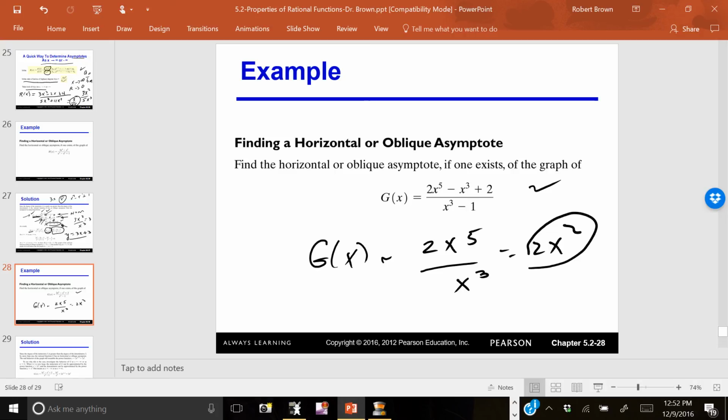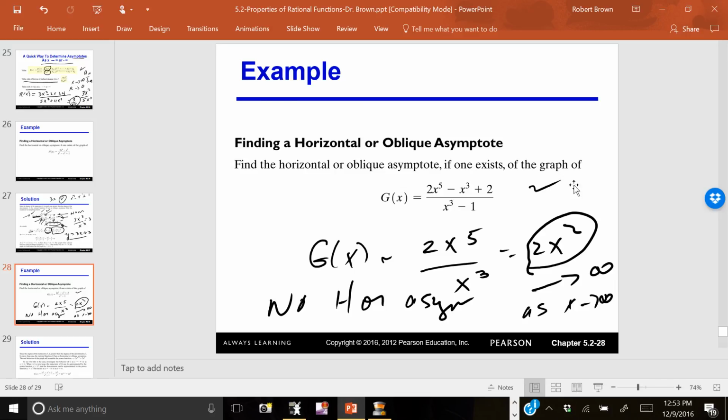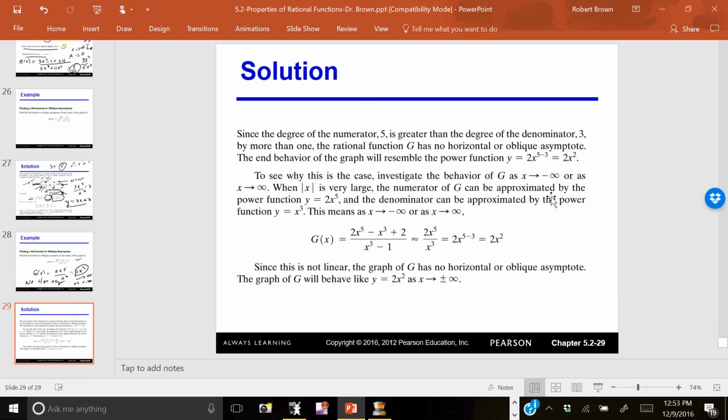And notice that this goes to infinity as x goes to infinity, so there's no horizontal asymptote. And this explanation shows exactly what we just showed.